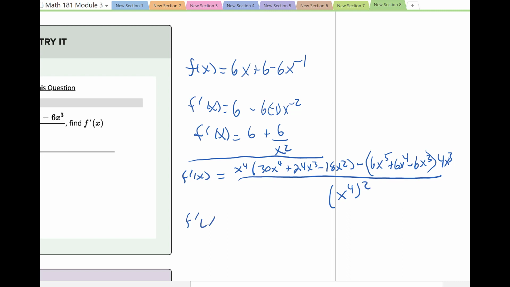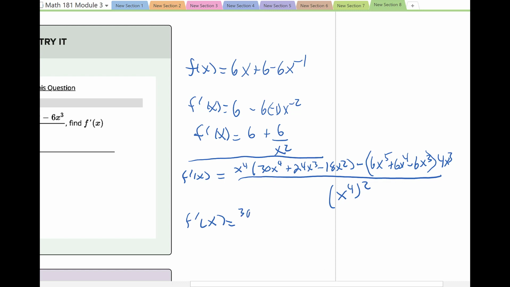Now our f prime of x would become what? Now we could factor something out of each term. In the first set of terms, I'm going to focus on trying to cancel this x to the 4th power. Maybe I shouldn't, so I can see what actually subtracts out. Maybe we'll do that instead.